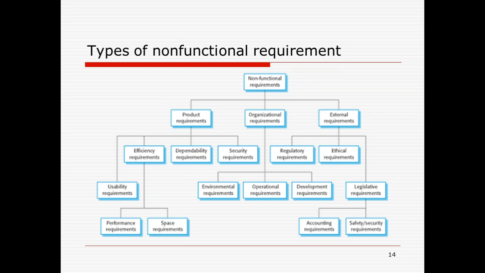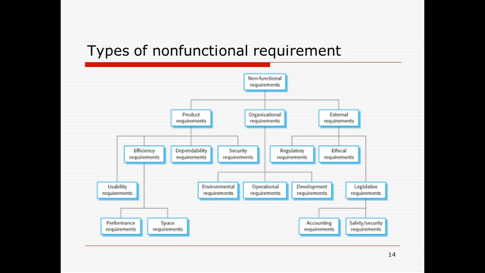Similarly, an organizational requirement may have three categories to which the non-functional requirement can belong: environment requirement, operational requirement, and development requirement. External requirements are regulatory requirements, ethical requirements and legislative requirements.